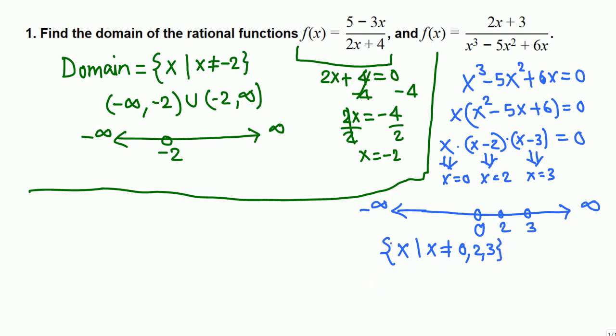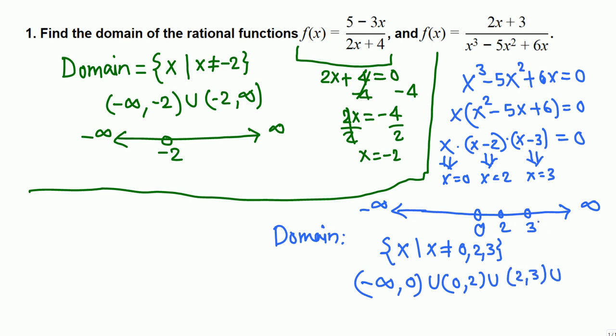In interval notation, we are writing the domain: negative infinity through 0 union 0 through 2 union 2 through 3 union 3 through infinity. Final.